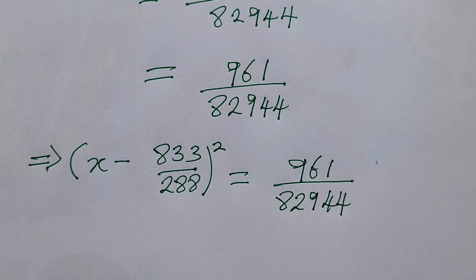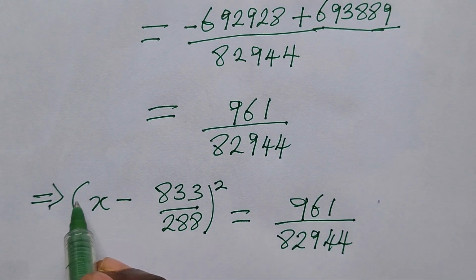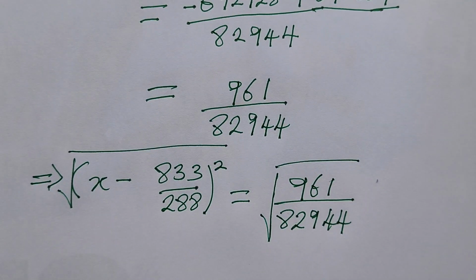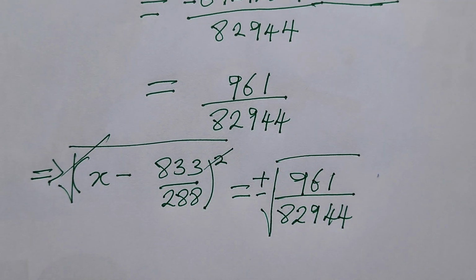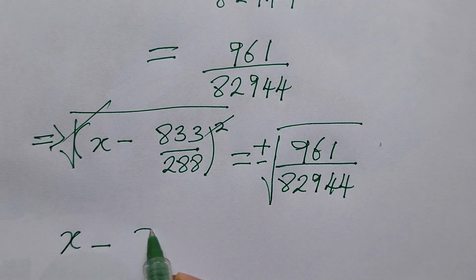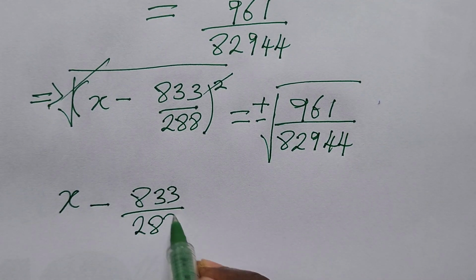We are looking for x, so we have to eliminate this again. So what we do, we take the square root of both sides, equally take the square root of this side. And so this goes with this, and we introduce our plus minus to this system here. So this is going to give us our x minus 833 all over 288.